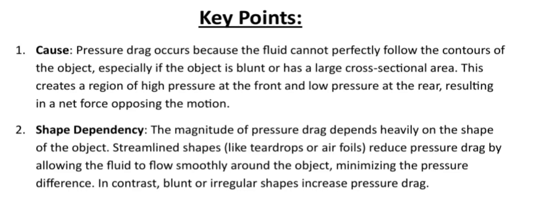The main cause of the pressure drag is that the fluid cannot perfectly follow the contour of the object. Different bodies have different contour structures. The fluid, whether air or water, cannot follow the actual contour of the object, especially if the object is blunt or large, with a large cross-sectional area.